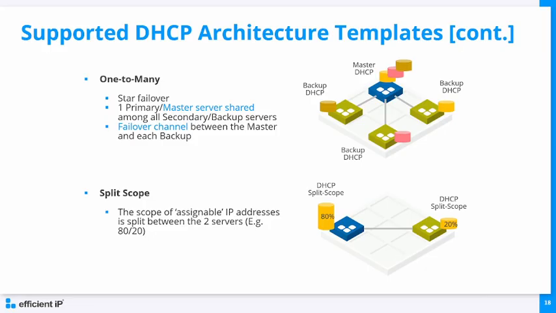But the only thing is you are sharing a single master. That's why it's called one-to-many. So here I have a DHCP service for three sites, maybe data center one, maybe a different region or different data center. So data center one DHCP server, data center two DHCP server, data center three DHCP server. All these three sites are sharing a single master.